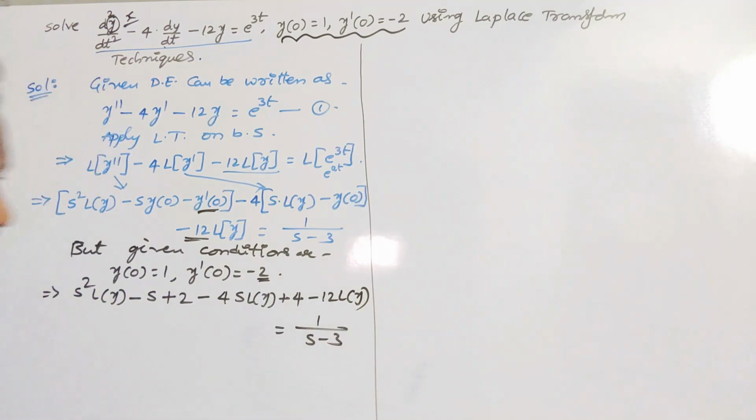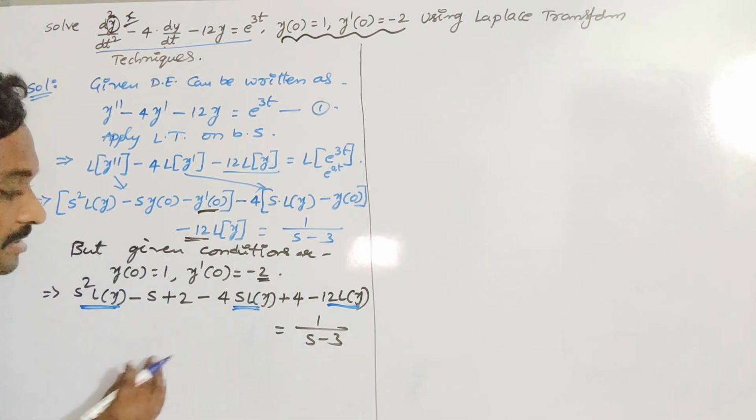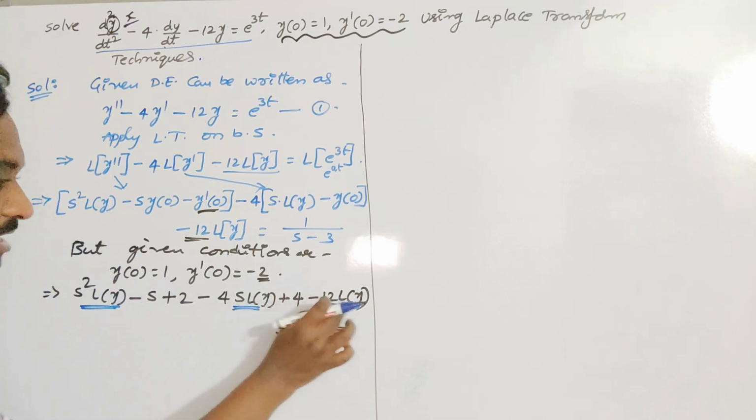1 by s minus 3. Now we have to find L of y first. For that purpose, look at the terms which have L of y. In the first part we have L of y, in the last one we have L of y, and in this term also we have L of y. Take L of y common from these 3 parts.